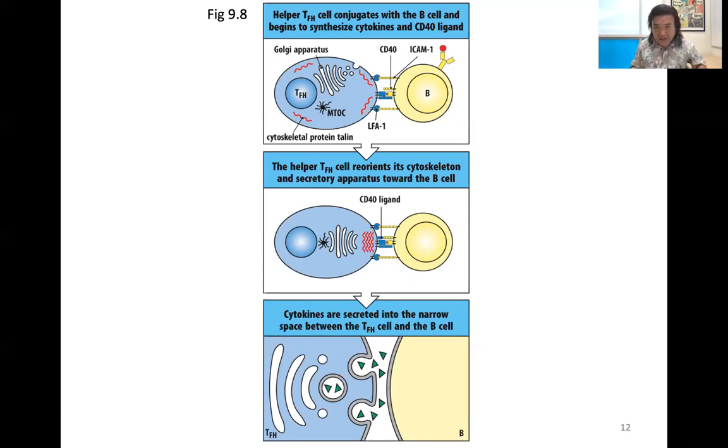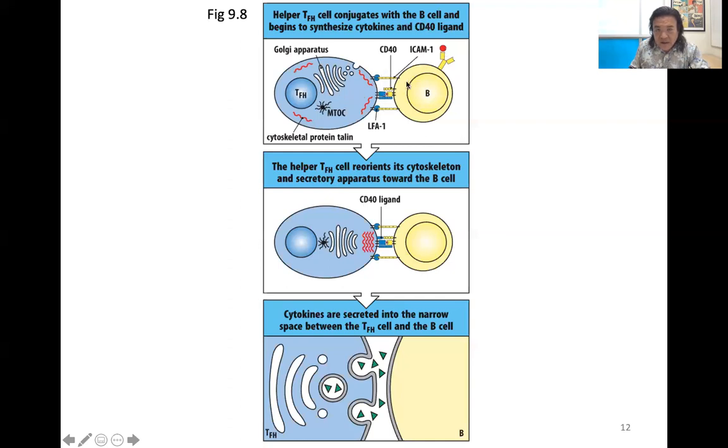So helper T cells, I mean, look, they're T cells also. They use a similar mechanism. So you can see here, this follicular helper T cell that paired up with this B cell over here. This B cell is presenting antigen on its MHC2, and that's what the T cell receptors, TCR, likes.